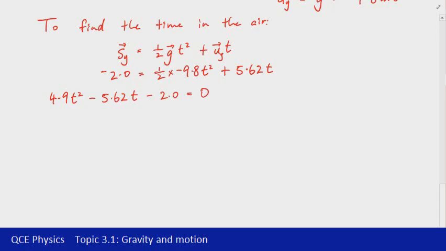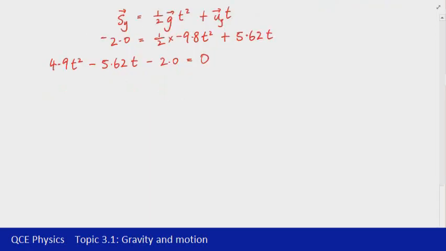Now hopefully you can recognize the form of that equation as a quadratic equation, set equal to 0, so we now need to solve for t, and there are a few ways you can do this under exam conditions. First way is to use the quadratic equation. If you can remember that, you can apply it and figure out the value for t.